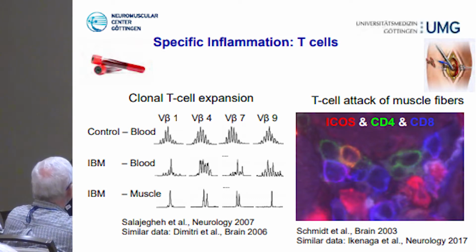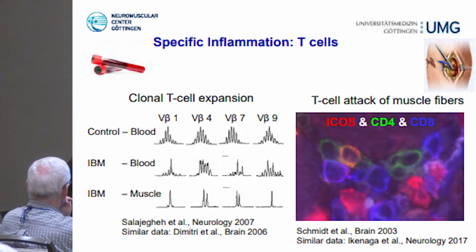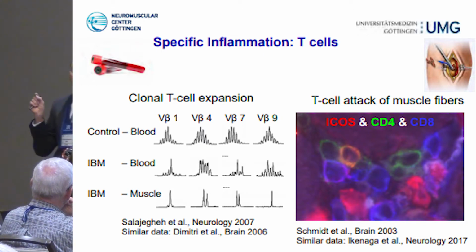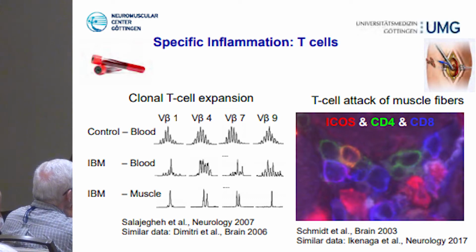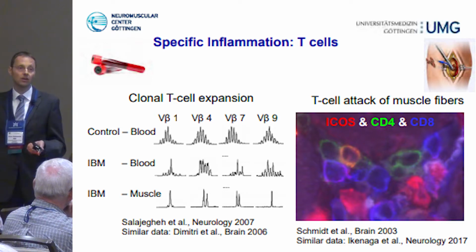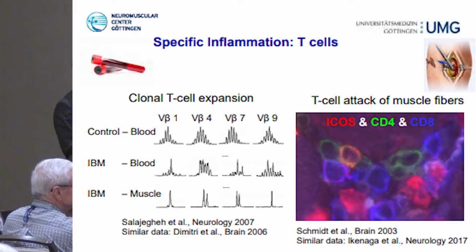They have been recruited into the muscle because there is a specific signal that calls them into the muscle, and they are activated to grow in the muscle. You can follow these T cells over years, and they can go away by treatment.